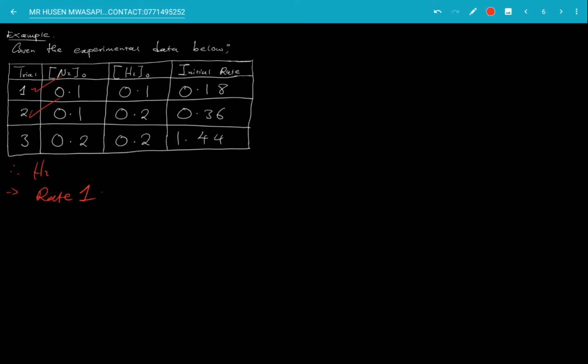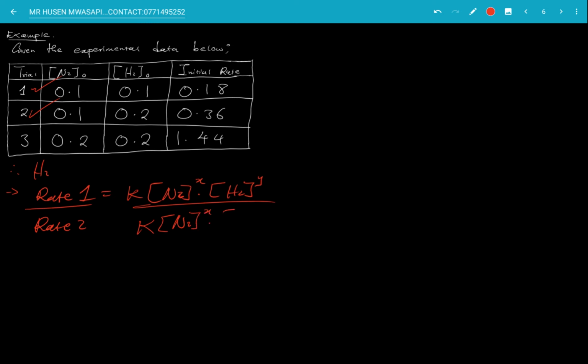So rate 1 gives me a rate law of K times the concentration of the first reactant, which is N2 raised to X, times H2 raised to what? Y. Ratioed out with rate 2, which is over K, then we have N2 X times what?